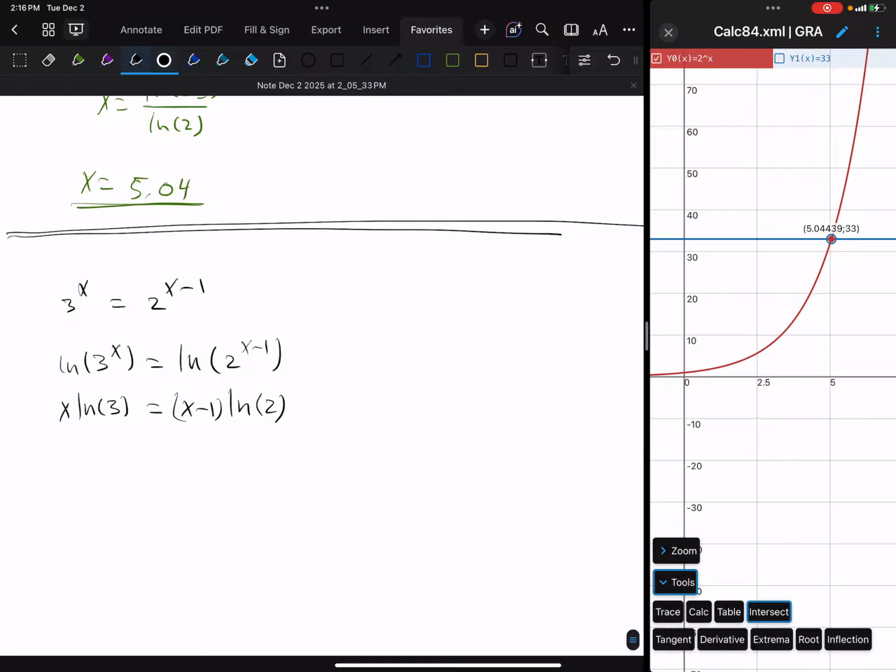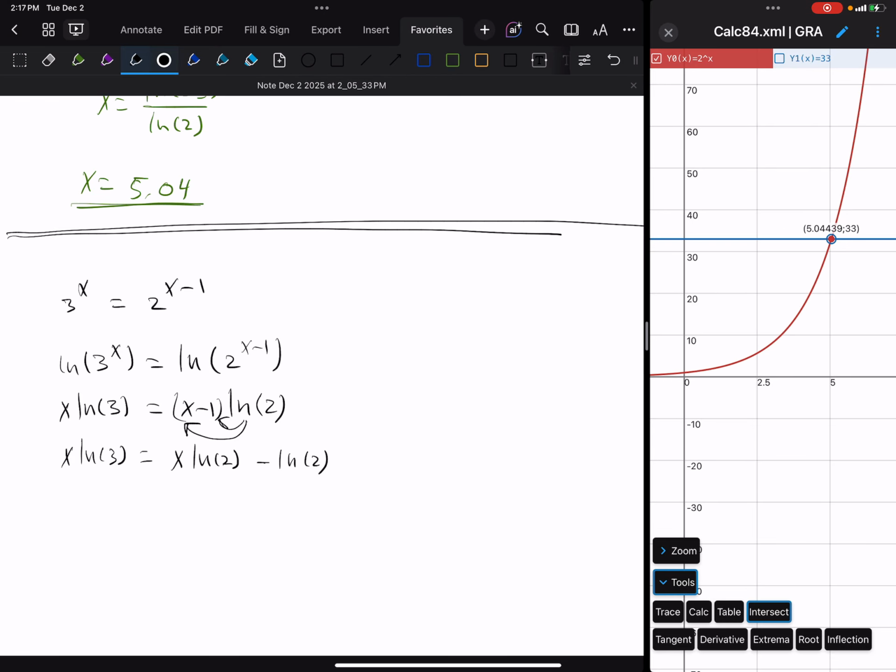And while it's not the most straightforward algebra, it is at this point just algebra as we've done before. So now I've got x ln of 3 equals, and I'm going to distribute that natural log through. I have x ln of 2, and then minus ln of 2, right? Because I distributed that to the negative 1 as well.